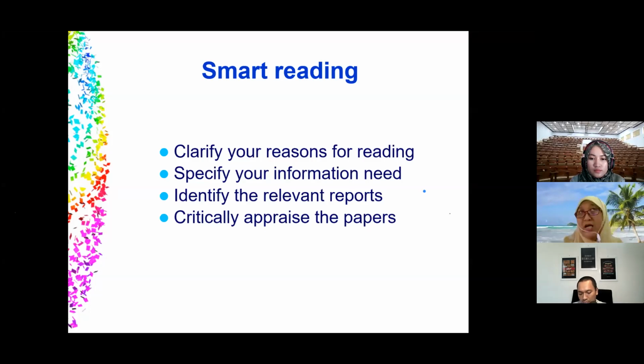Why do we need to specify your information need? Because different information will lead you to different reports. Kalau kita mahu tahu tentang burden of disease, prevalence of certain disease, then you may want to find reports on prevalence studies. If you want to know about the effectiveness of certain medication, then you may want to look at intervention studies, which have different databases, different reports.